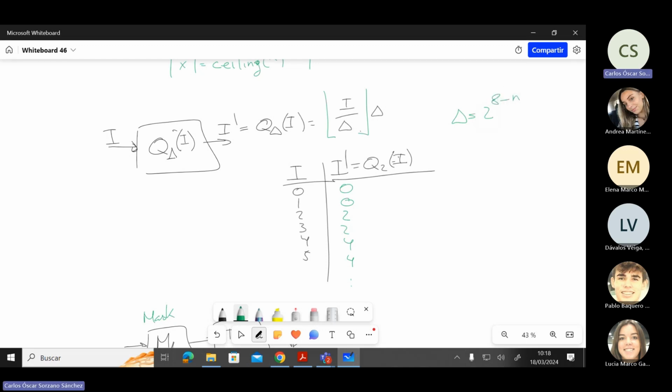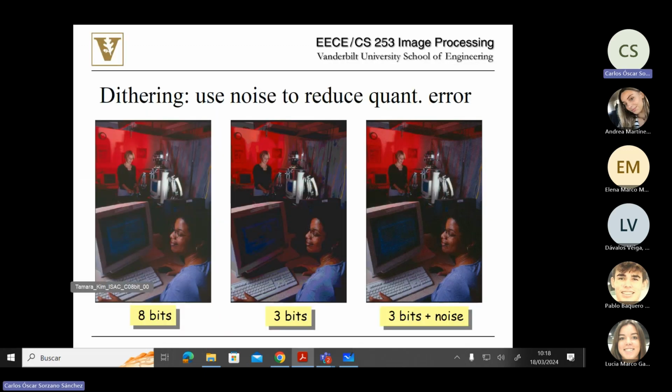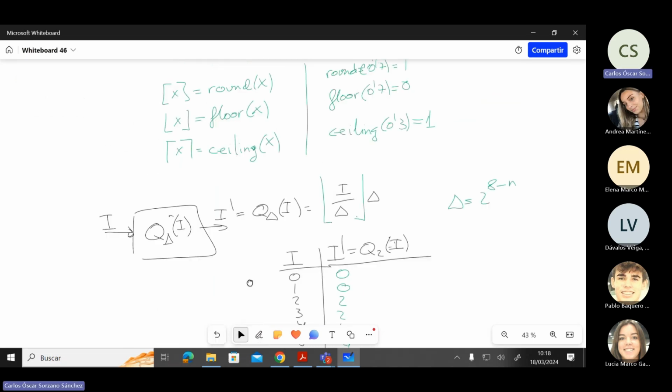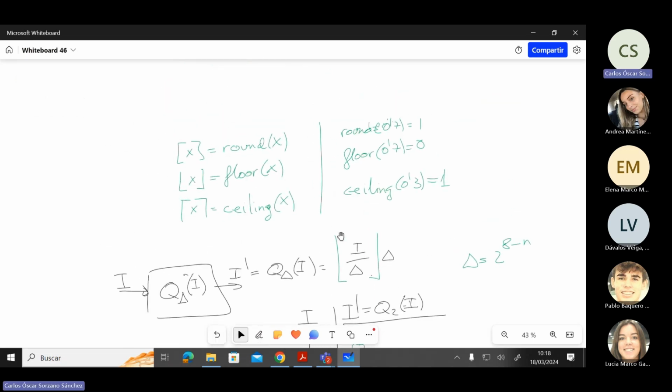The rounding is finding the nearest integer; round is the one that is really nearest, then there is the one nearest from below and the one nearest from above.